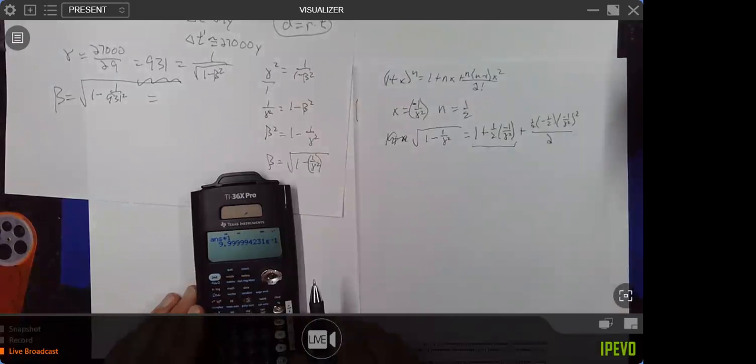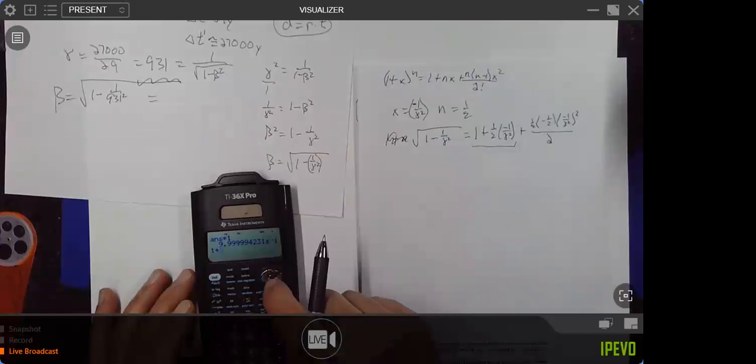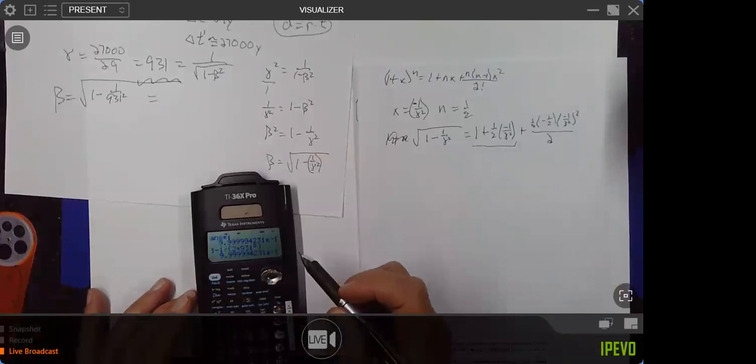I would have, let's see, 1 plus my first two terms are probably going to yield a number very similar to that. Oops, I want a minus sign. 1 divided by, how'd I do?